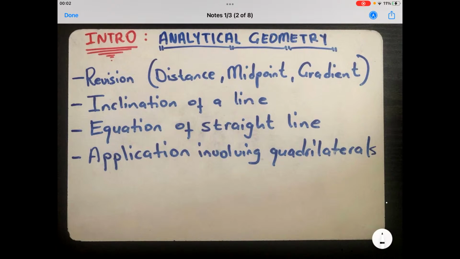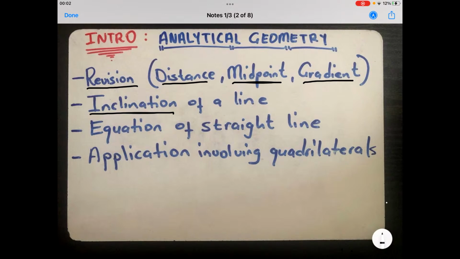Number one, we are very quickly just going to discuss revision. That's where we look at the distance, midpoint, and gradient formula. I'm pretty sure that at this stage, you are aware of those formulas. Number two, we are also going to look at inclination of a line. This is where we will also talk about an angle of inclination.